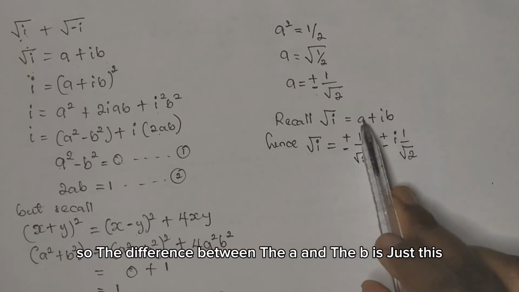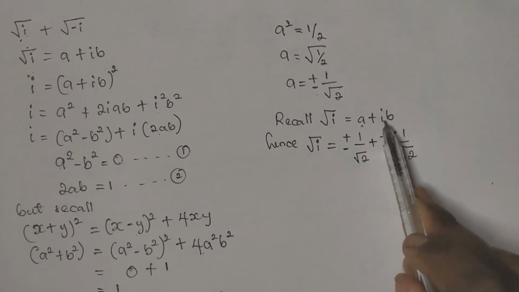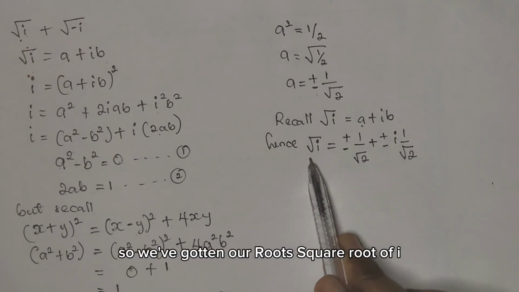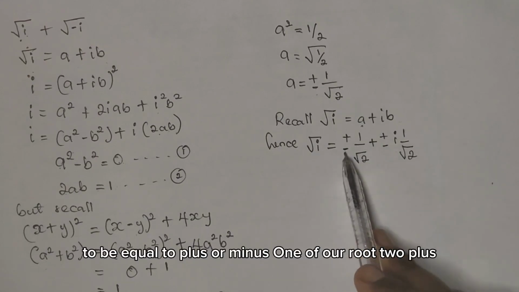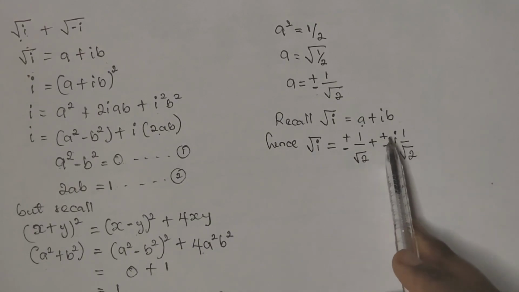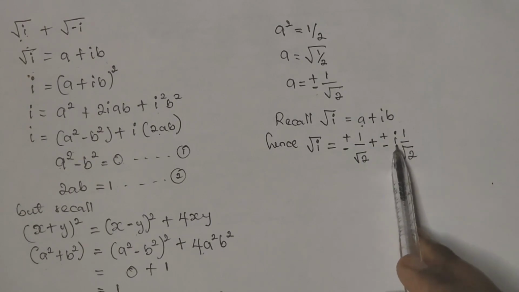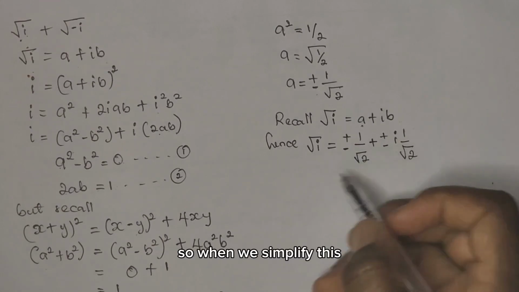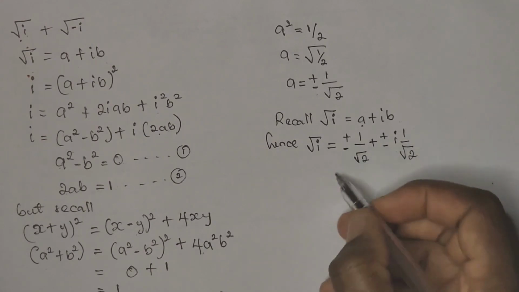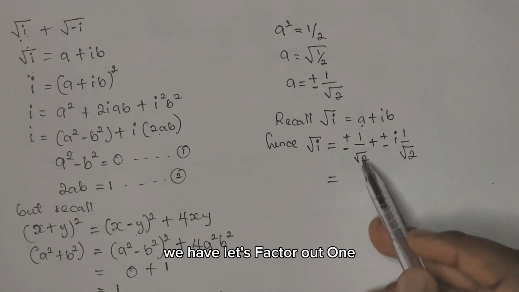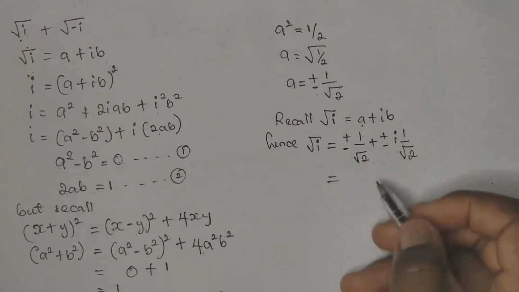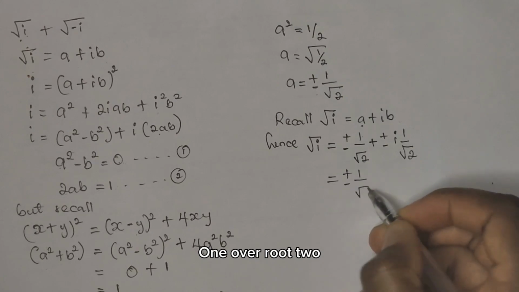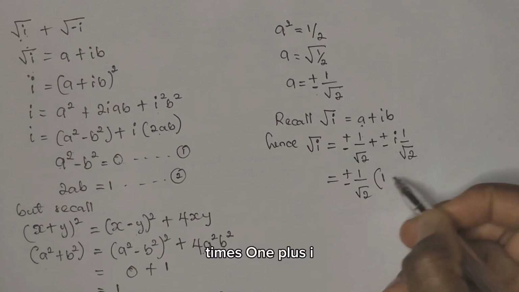The difference between the a and the b is just this imaginary number attached to it. So we've gotten our square root of i to be equal to plus or minus 1 over root 2 plus or minus i times 1 over root 2. When we simplify this, let's factor out 1 over root 2, so we have plus or minus 1 over root 2 times (1 plus i).